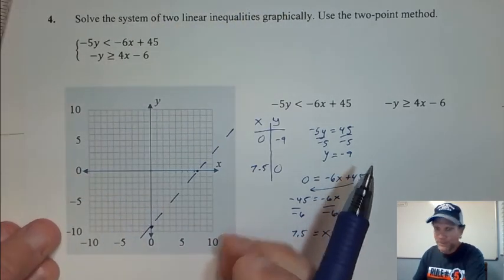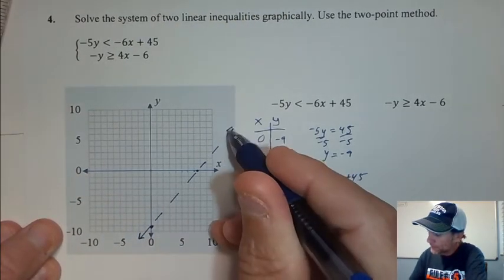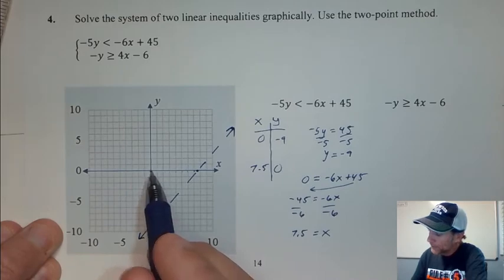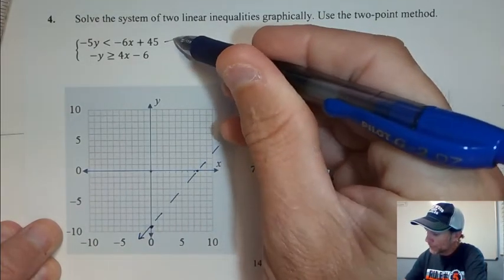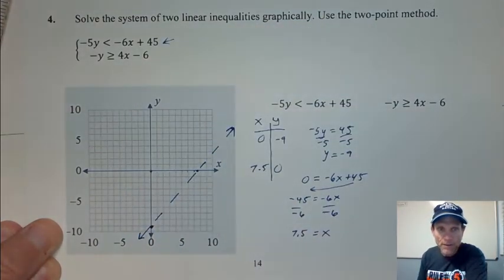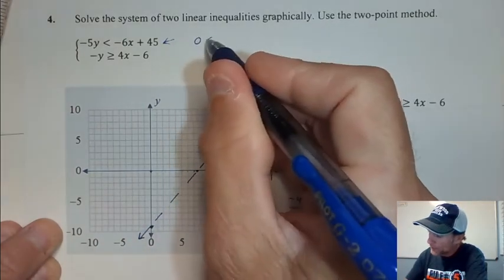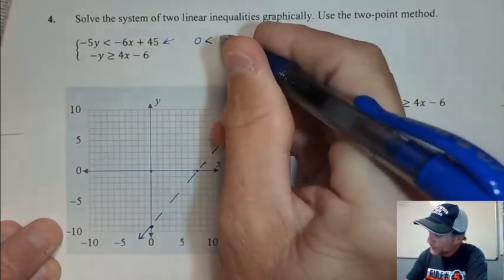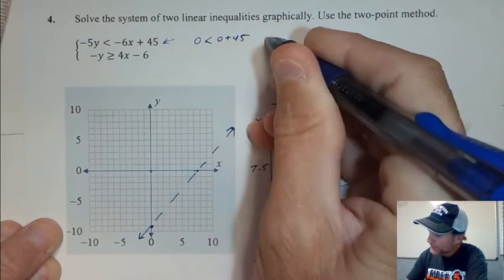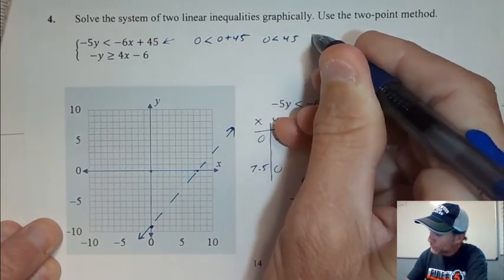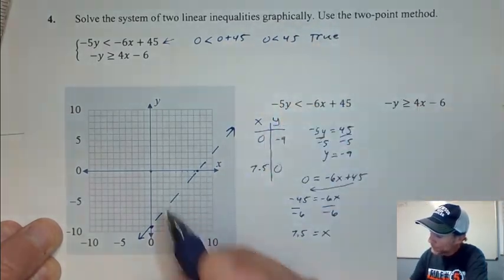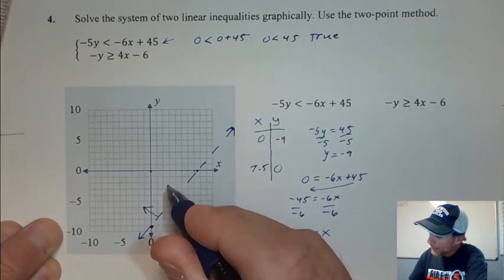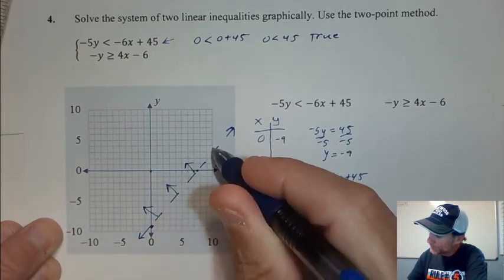Well, we might as well use 0, 0 because it's pretty easy to test. When I put 0, 0 into this original, I get 0 is less than 0 plus 45, and 0 is less than 45 is true. So I'm going to shade the side that 0, 0 falls on.